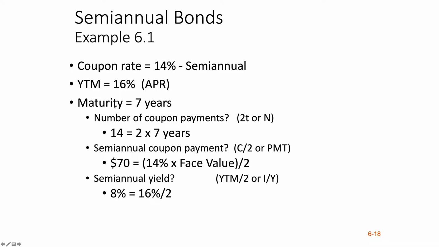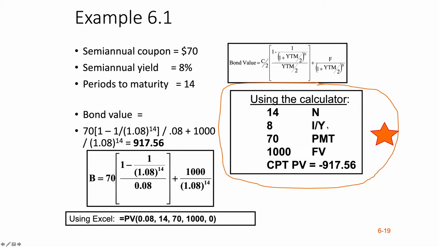Here is the input you need to key into your financial calculator. 14 for N, 8 for I, 70 as your payment, 1,000 is future value. Given that, let the calculator compute the present value, which is negative 917.59. Now this one is a discount bond.